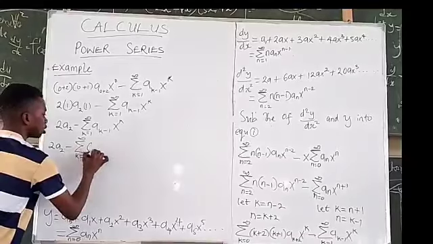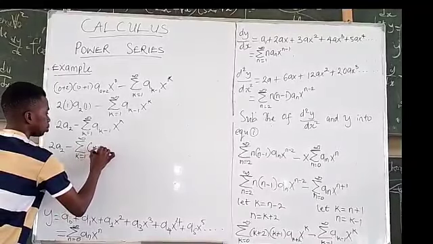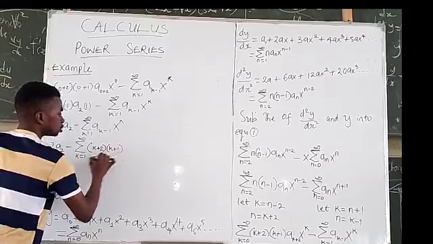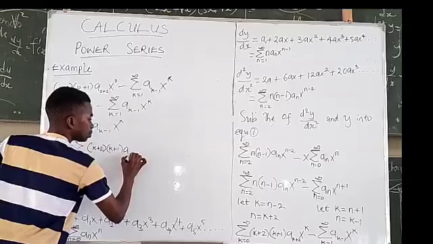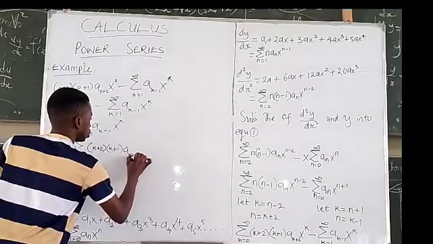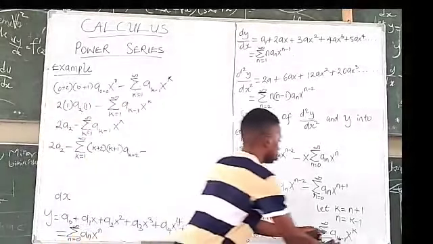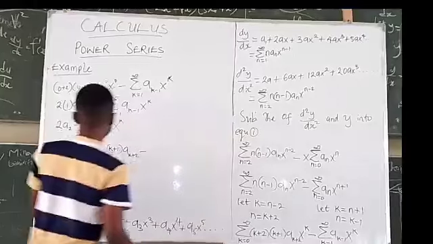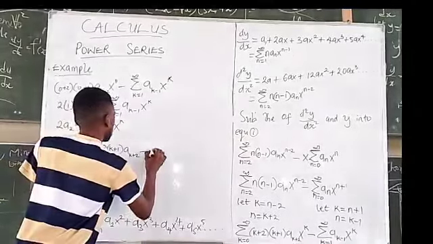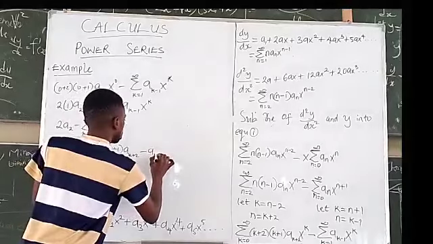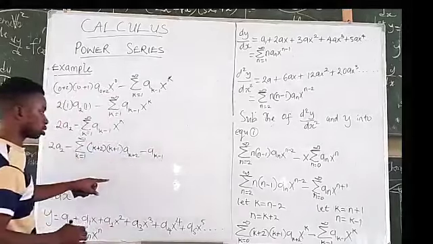It becomes k plus 2 bracket k plus 1 a k plus 2 minus a k minus 1.